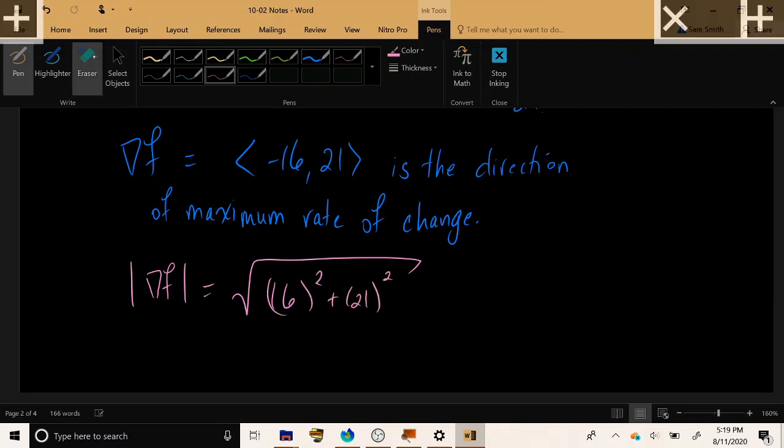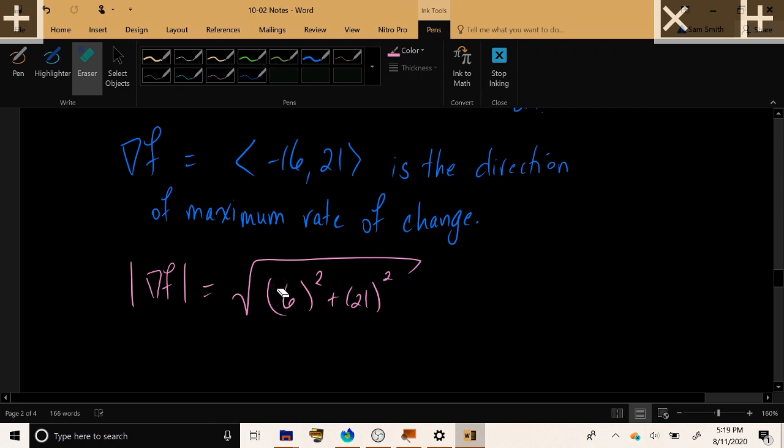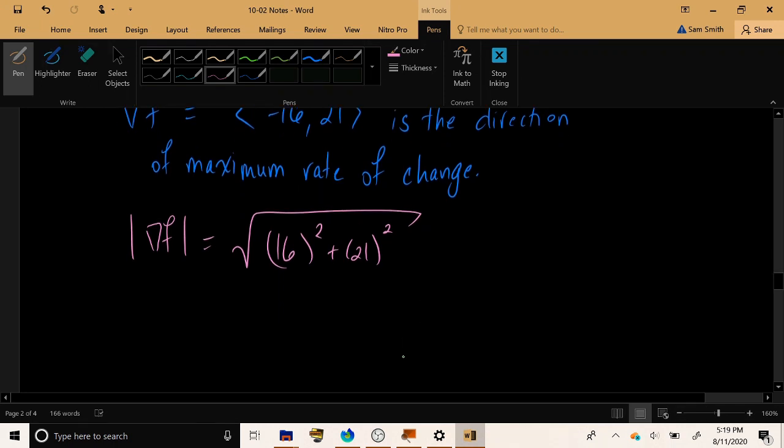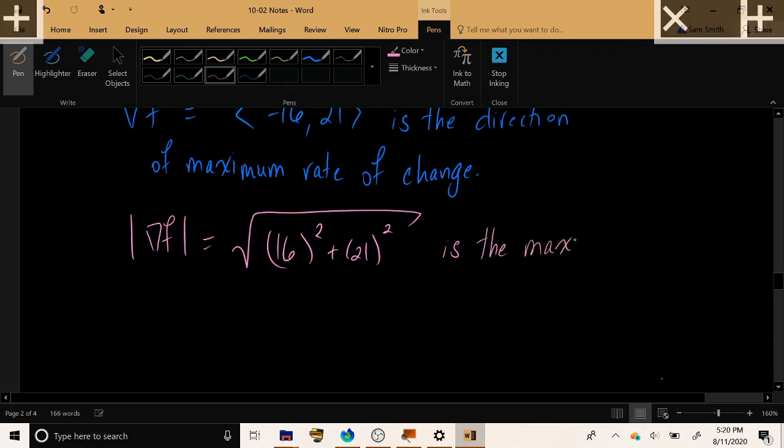I'm not going to calculate that right now, but with some arithmetic you will get the value and be able to report your final answer. This number, whatever it happens to be, is the maximum rate of change.